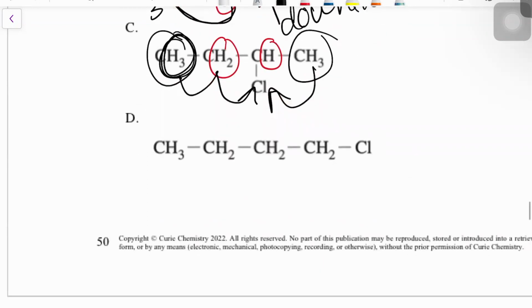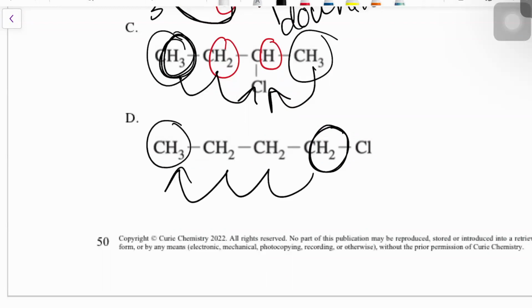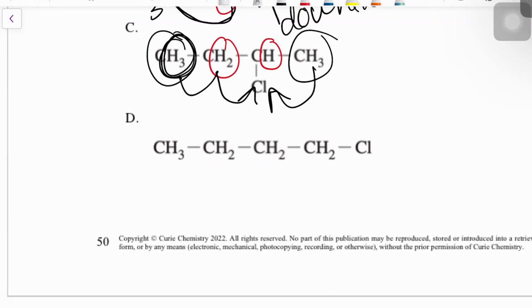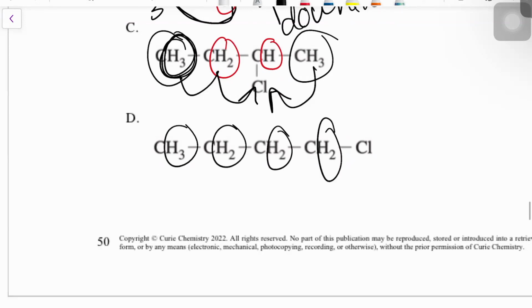And then for D, this hydrogen is going to be the most downfield, and then it's going to eventually go upfield. This one's going to be the most upfield because it's furthest away from your chlorine. And because it's in a line with a chlorine at the end, the molecule is asymmetrical. So each of these hydrogens is going to show a separate signal, because from each of the hydrogens, the molecule looks different.